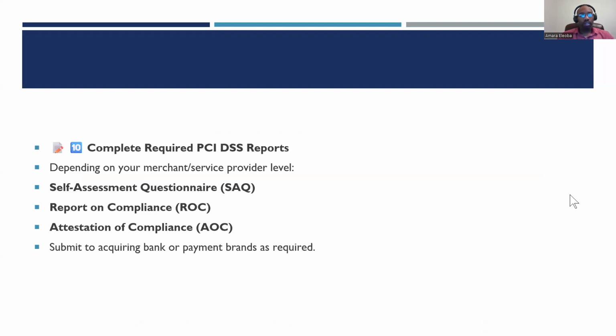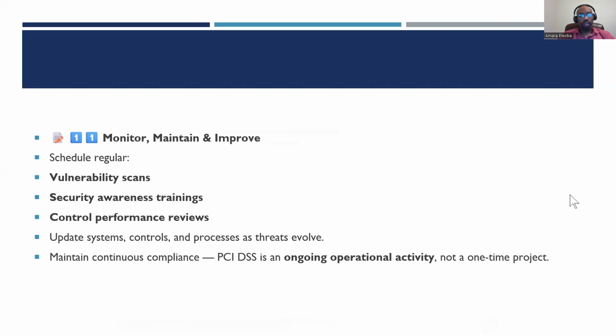Then number ten, complete the required PCI reports, and that can be your self-assessment questionnaire. Then your QSA would fill out the report on compliance and also the attestation of compliance. When you are done, that will be submitted to your acquiring bank. Then eleven, you need to monitor, maintain, and improve.